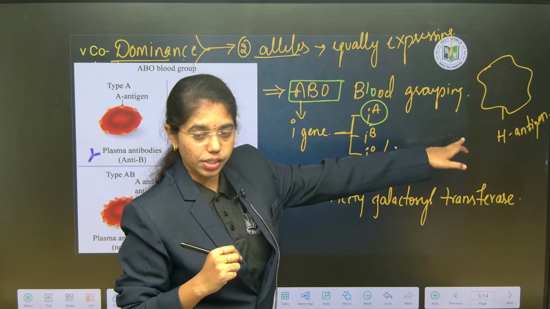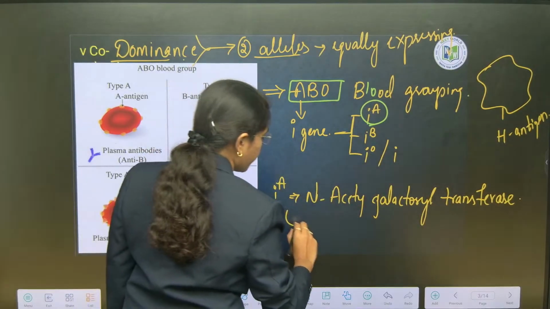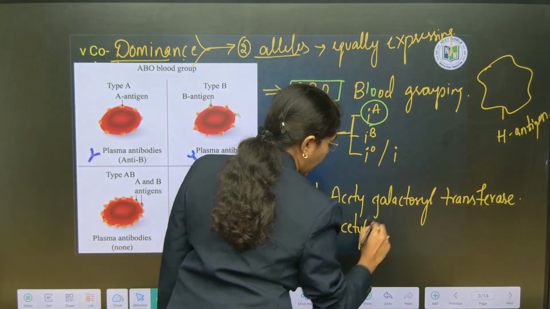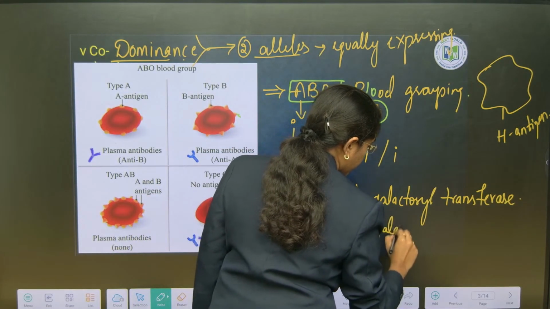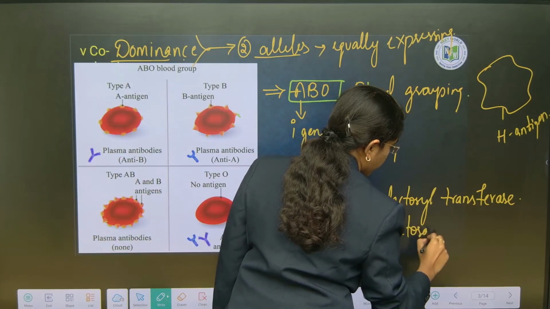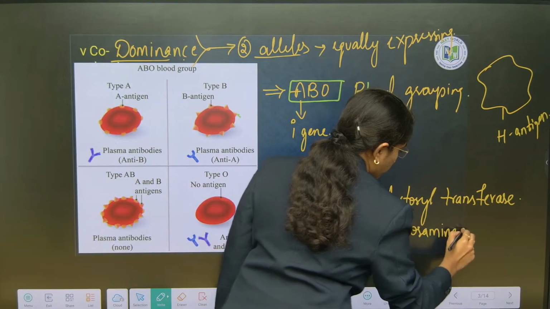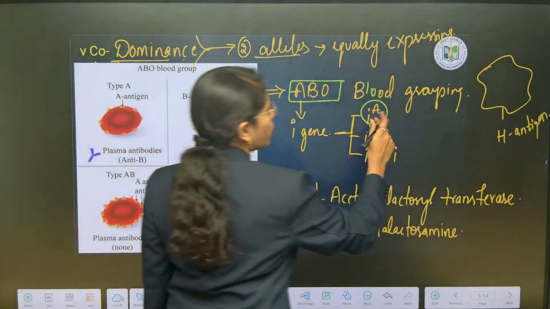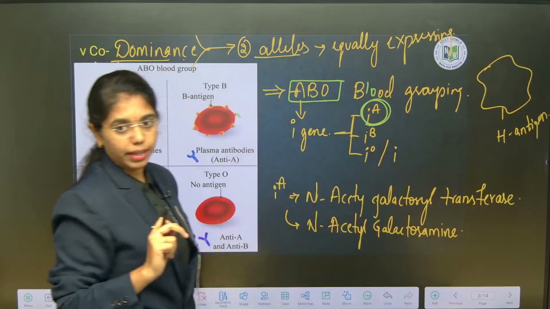H antigen. H antigen will bind to what sugar? N-acetyl galactosamine. Fine, right? N-acetyl galactosamine. So, that is present for what blood group? IA blood group.